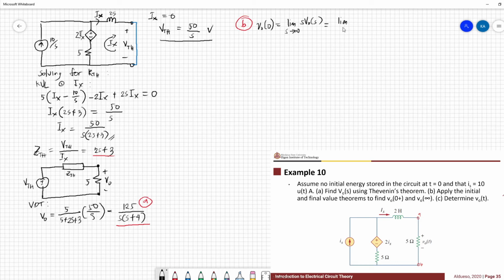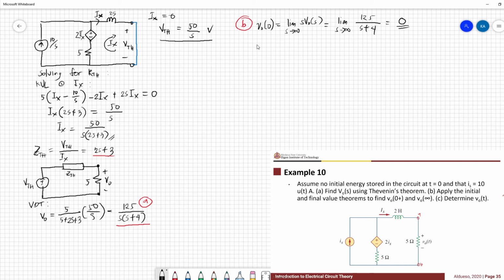Our equation becomes 125 over s plus 4. Now if this denominator approaches infinity, this will become 0. So the initial value is 0.